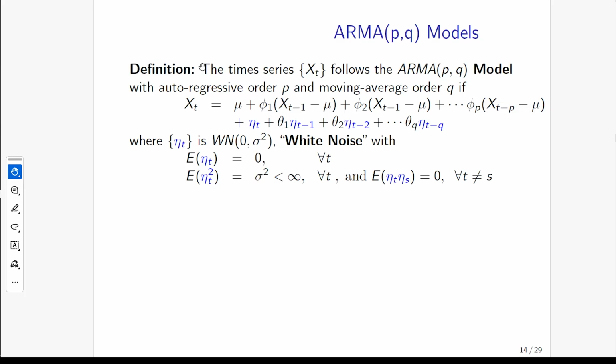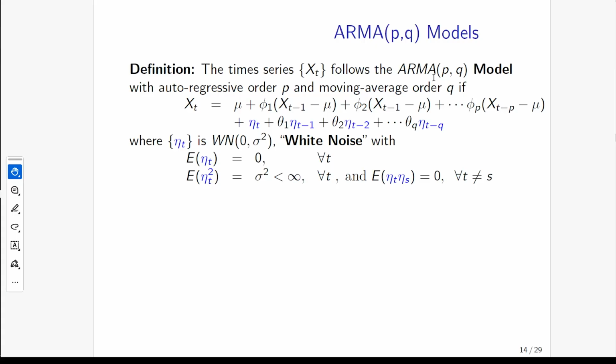Now, we can introduce with this notation of lags and polynomial lag operators the ARMA(p,q) models, where AR stands for autoregressive and MA stands for moving average models. The p corresponds to the order of the autoregressive part, and the q corresponds to the order of the moving average.